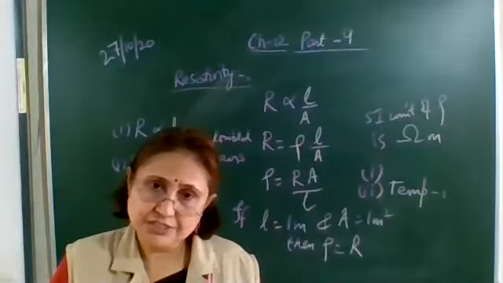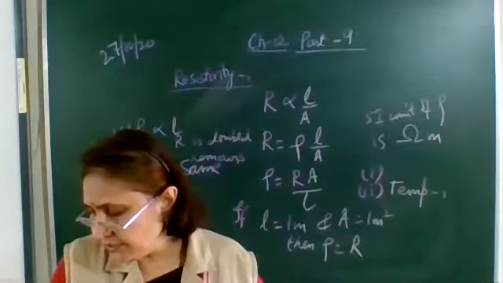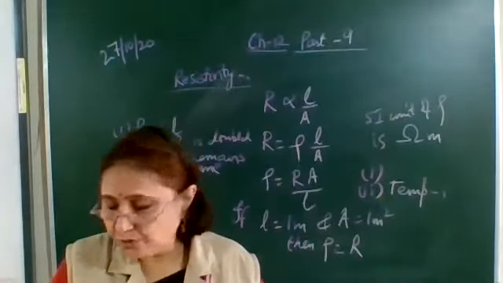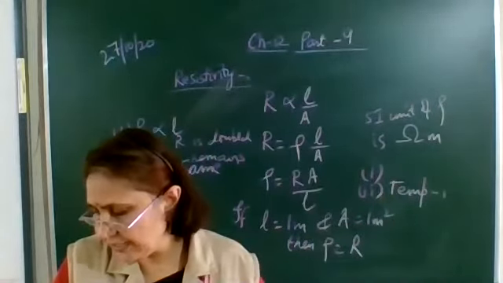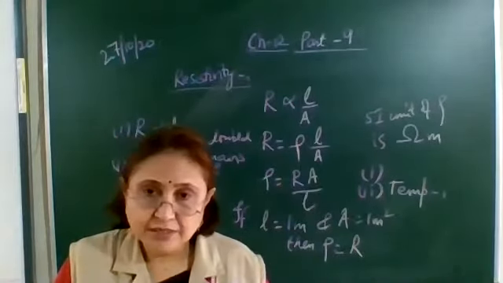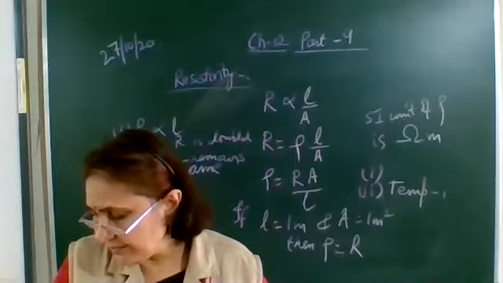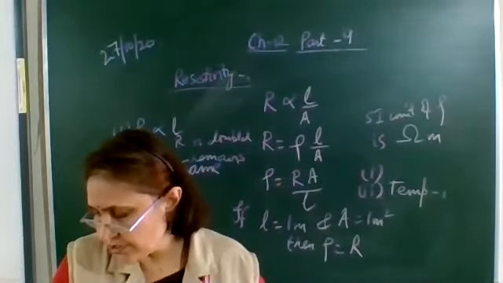Why? The first reason is their resistivity is high, and the second reason is they do not burn up or oxidize at very high temperatures. So for these two reasons, these alloys are used as heating elements in devices like electric irons and toasters.